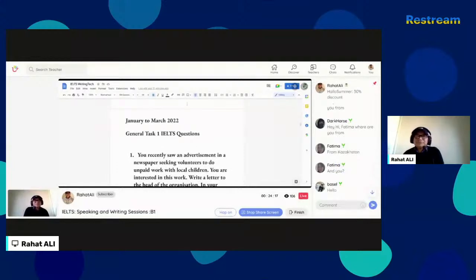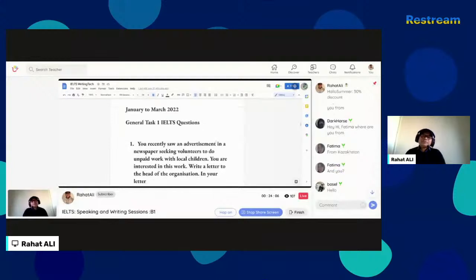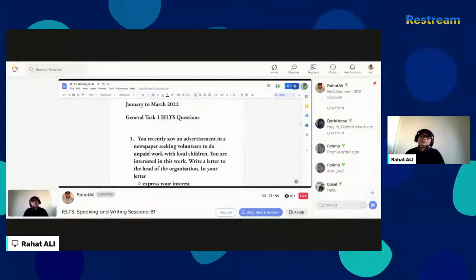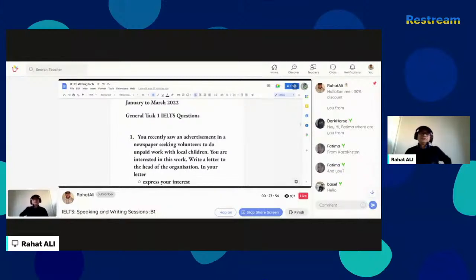So here is a sample question which came in January to March of this year. You recently saw an advertisement in a newspaper seeking volunteers to do unpaid work with local children. Okay, you are interested in this work. Write a letter to the head of the organization.